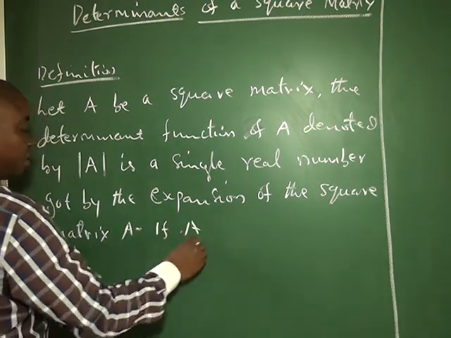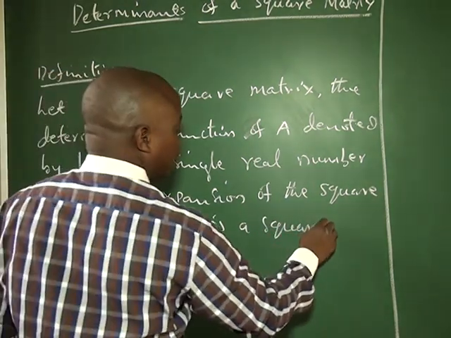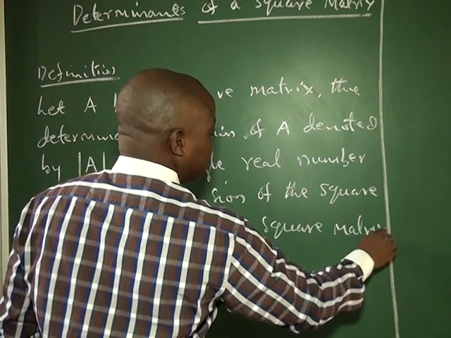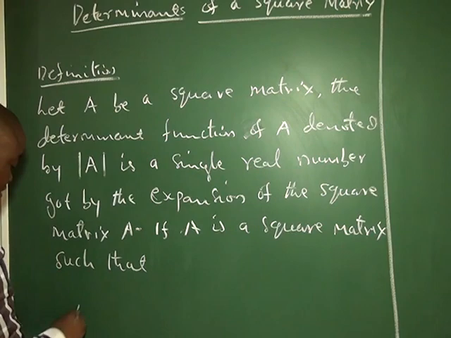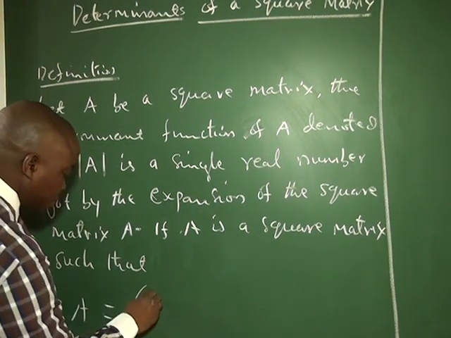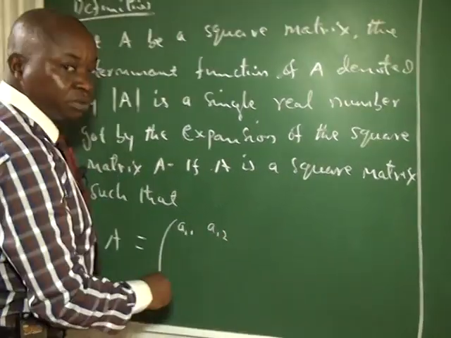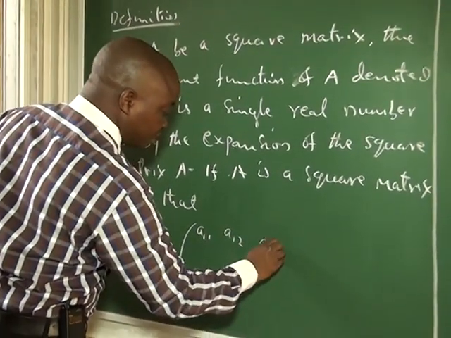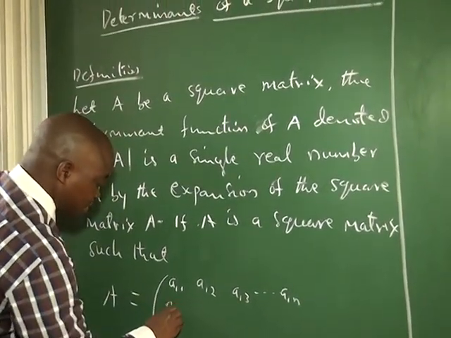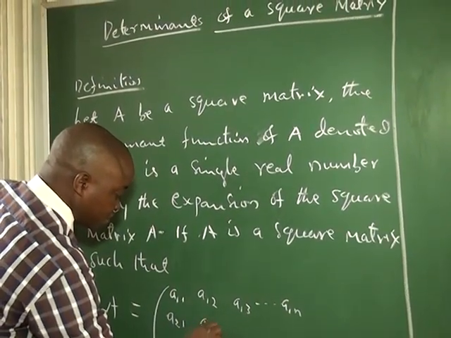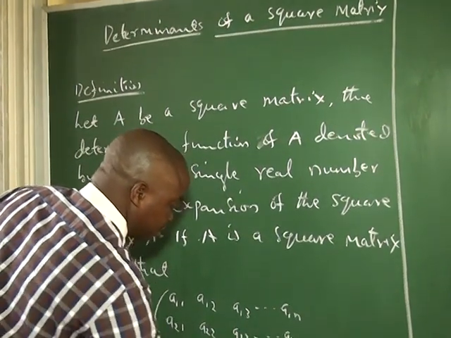If A is a square matrix such that A equals A11, A12, A13 till we have A1n, A21, A22, A23 till A2n.